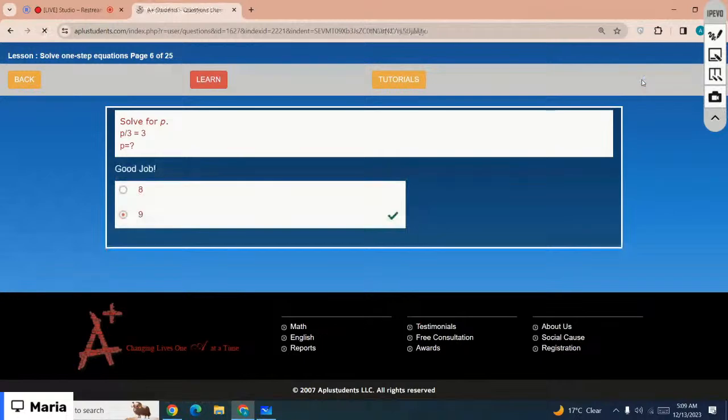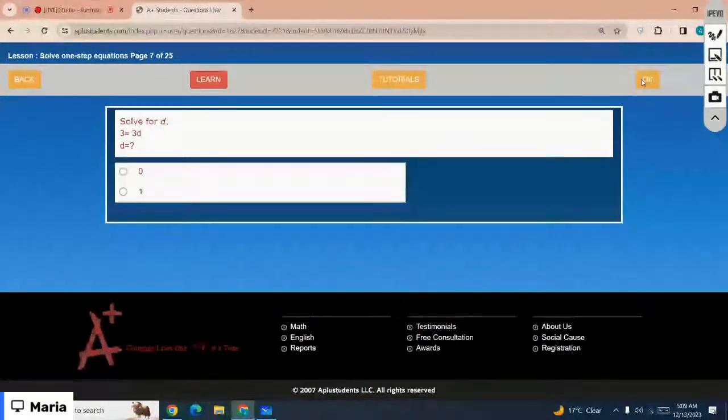Very good. The next, yes, the correct option is 1. d equals 1 is the correct option, right?